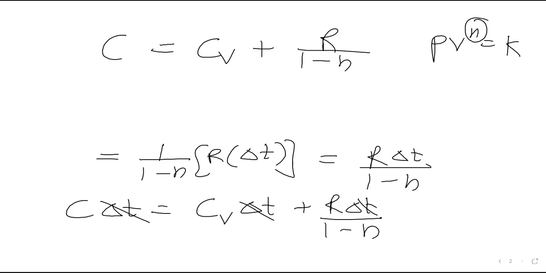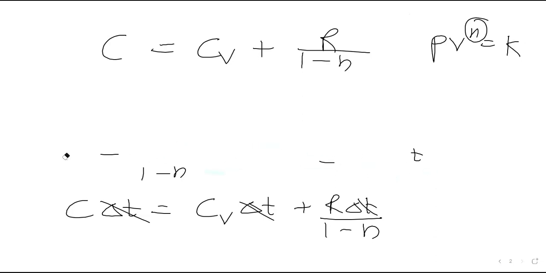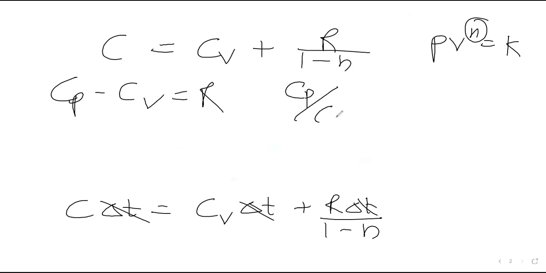And then suppose I replace CV with some other notation. We already know that Cp minus Cv is equal to R according to Mayer's relation. Cp upon Cv, we call it gamma, the ratio of the two specific heats of the gas.